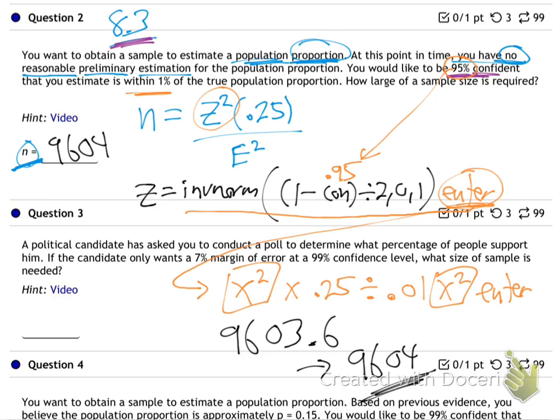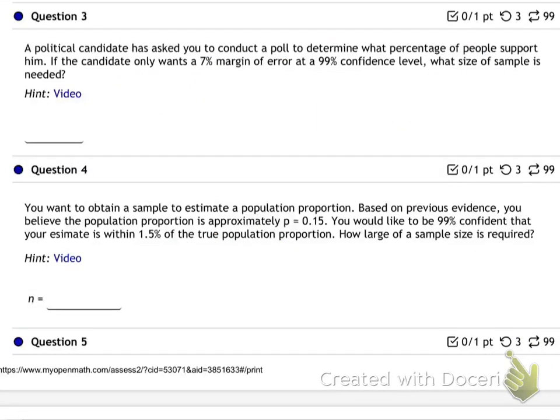The real answer is 9604, but sometimes they're off by 1. So if it's not taking it, try going 1 higher or 1 lower, and it'll probably be good. It's always the "within." That's how much error tolerance you want on that one. So it's going to be the same formula.